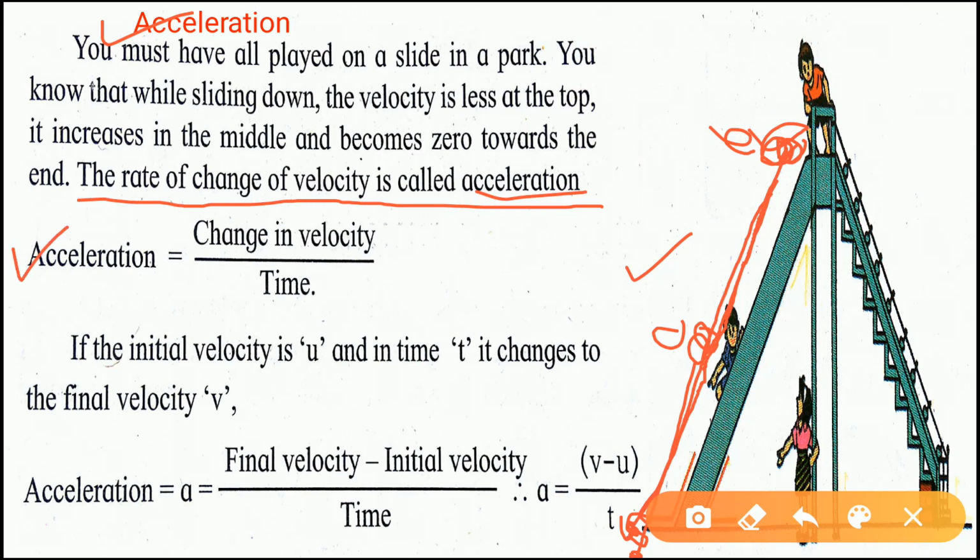Acceleration is equal to change in velocity upon time. If the initial velocity is u, and in time t it changes to the final velocity v, then acceleration a, shown by a small letter a, is equal to final velocity minus initial velocity, upon time. Final velocity is v and initial velocity is u. So a is equal to v minus u upon t.